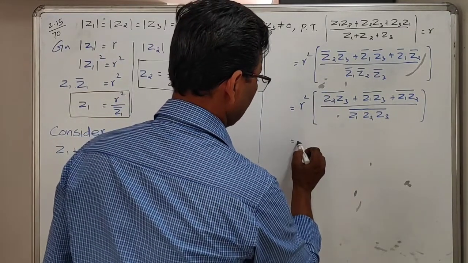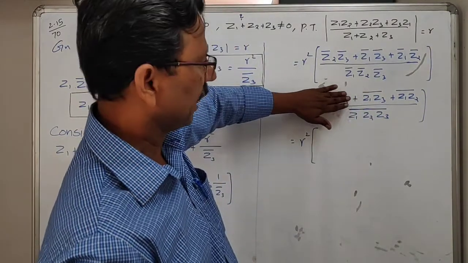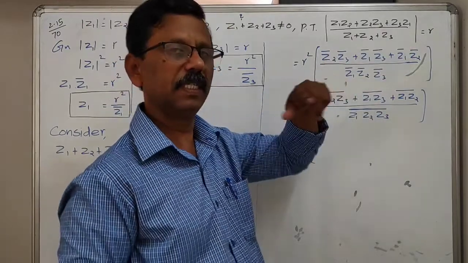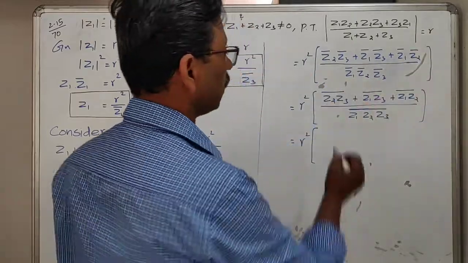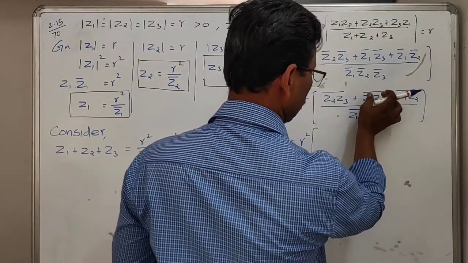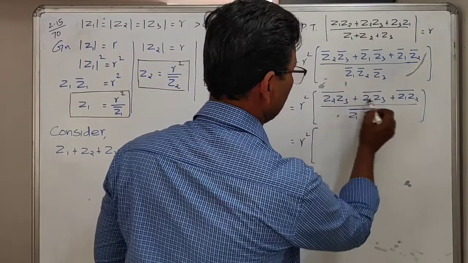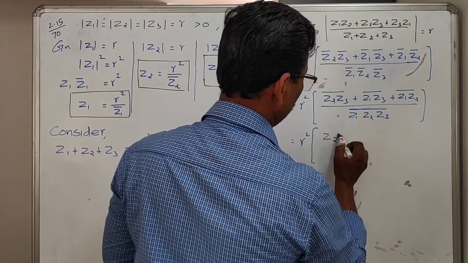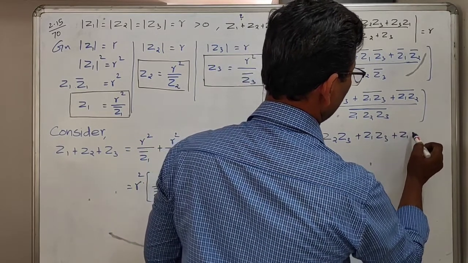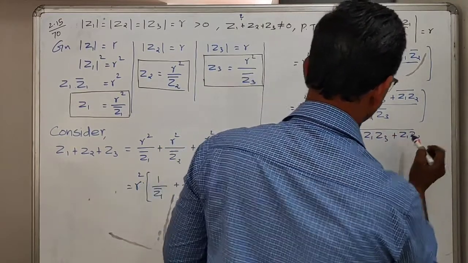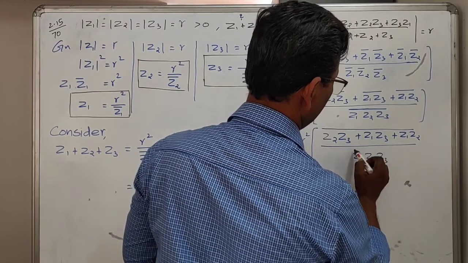Now again, this could be written as R square into, see again, Z1 bar plus Z2 bar plus Z3 bar can be written as (Z1 plus Z2 plus Z3) whole bar. Likewise, we can take the sum of these three complex numbers; first you add, then you can take the conjugate. This can be written as (Z2 Z3 plus Z1 Z3 plus Z1 Z2) whole bar divided by (Z1 Z2 Z3) whole bar.